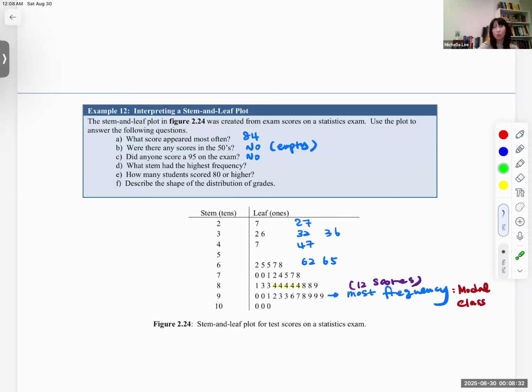Let me count one more time. So there is 11. We know there is 12 and plus 3, right? So total 26.